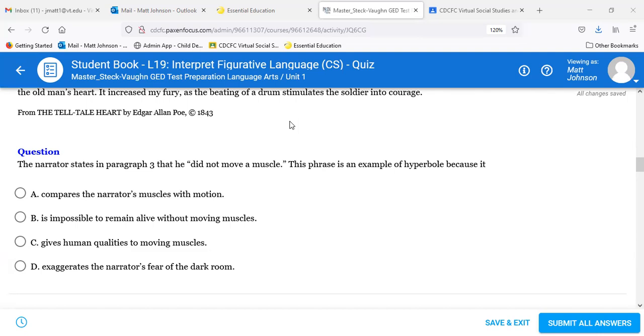B. It's impossible to remain alive without moving muscles. C. Gives human qualities to moving muscles. D. Exaggerates the narrator's fear of the dark room.